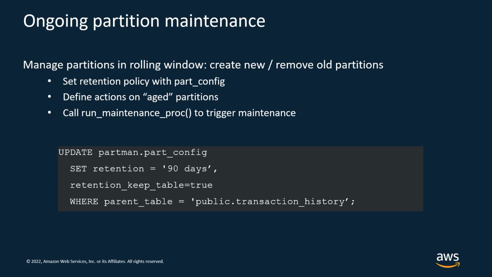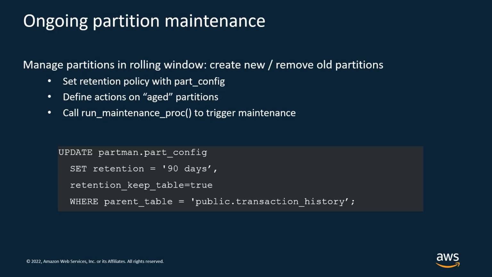Since we are not interested in data that's older than 90 days, we can set data retention policies in pg_partman. We can call the config function to set data retention for 90 days. For partitions older than 90 days, we have a choice to detach the partition and keep it as a standalone table for later processing, for example, archiving to S3.